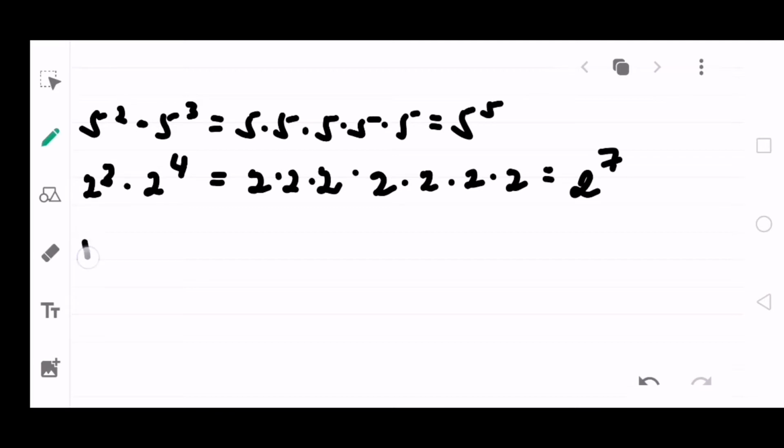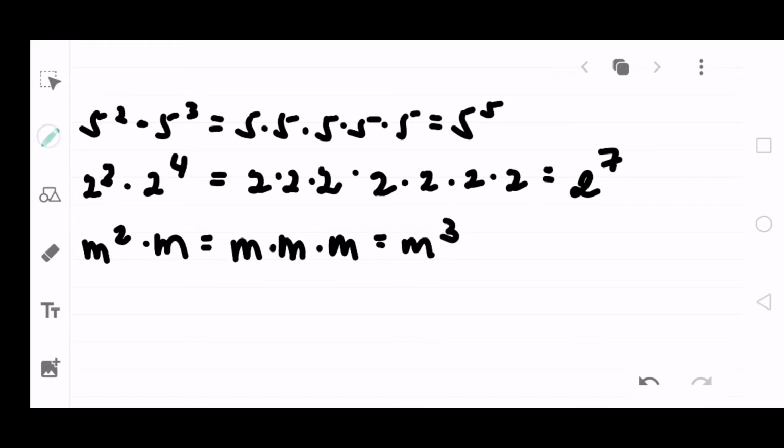For the last one, we have m squared times m. m squared is the same as m times m, and we are to multiply it again with another m. Now, we used here 3 m's as a factor, so this one can be simplified as m cubed.